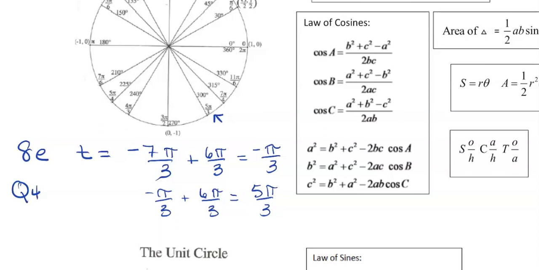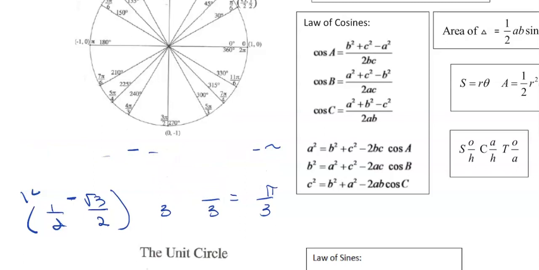Go to quadrant 1, match up the 3 denominator with pi over 3 as your reference number or t-bar. Your coordinates in quadrant 1 are 1/2 and root 3 over 2. But that's not your answer because in quadrant 4, the y value is negative. So make your y value negative, and then you have solved 8E. So let's go on to 8F.